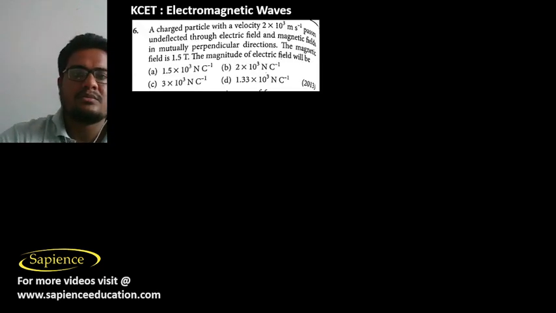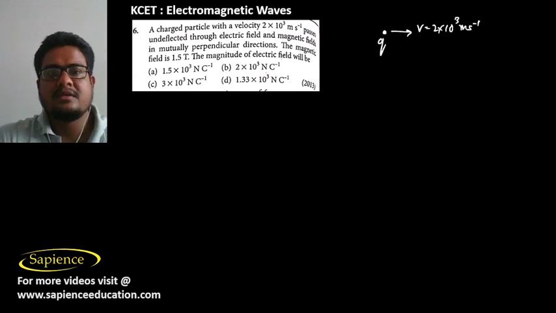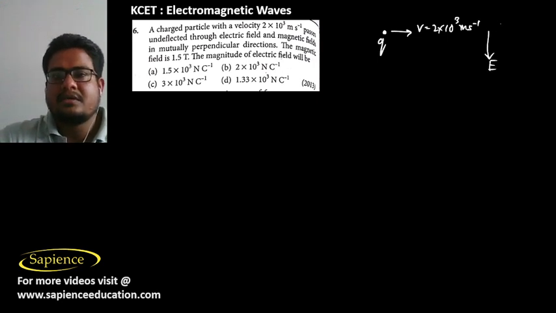Then in question number 6, it is told a charged particle q with a velocity v, that is 2 into 10 power 3 meter per second, passes undeflected through electric and magnetic fields mutually perpendicular. So suppose the electric field is like this and the magnetic field is inwards.